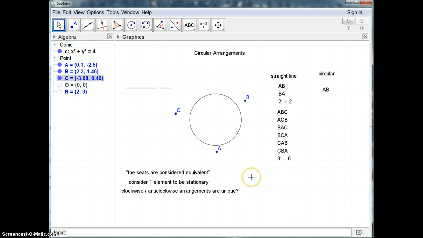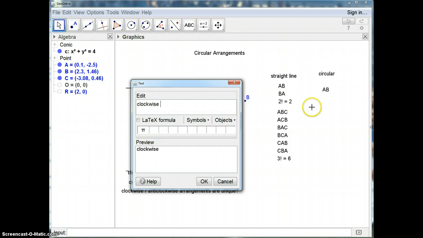If they're not unique, then it doesn't matter who's on A's left and right. It just matters who A is sitting beside. A is sitting beside C and B, so there's only one option. We need to break this down even further. If clockwise and anti-clockwise arrangements are unique, yes, then we have two arrangements.